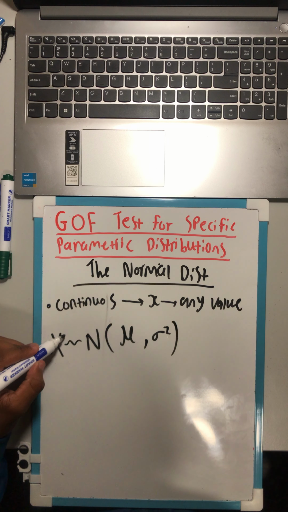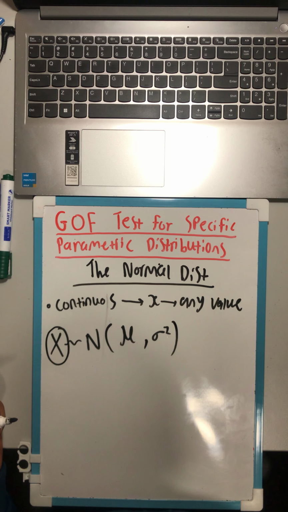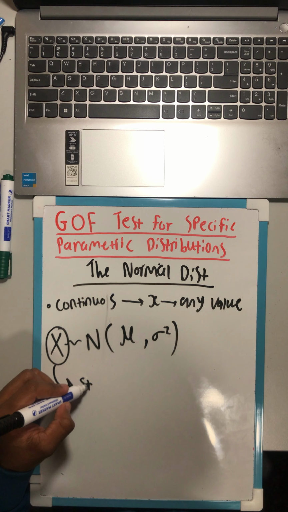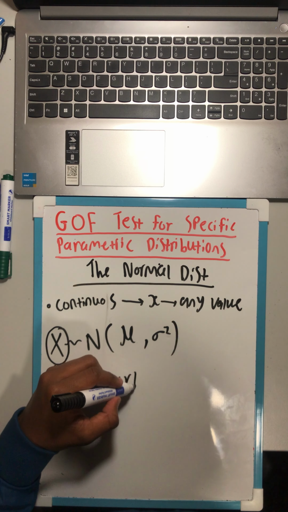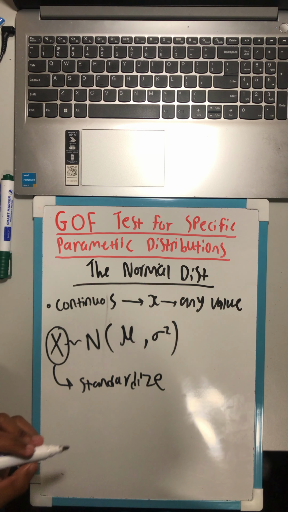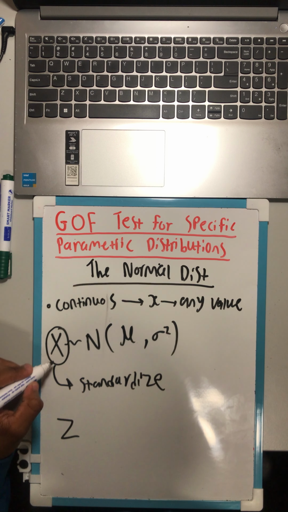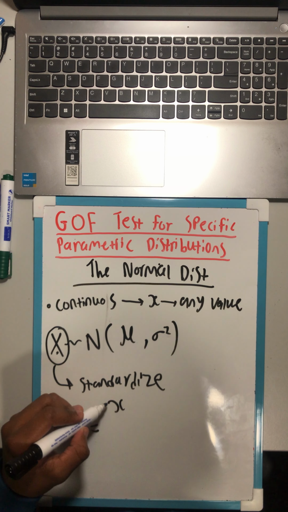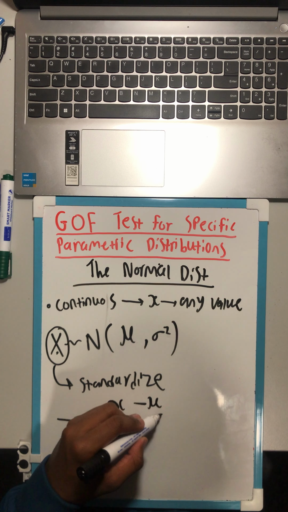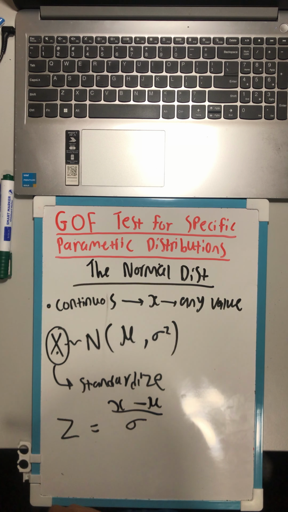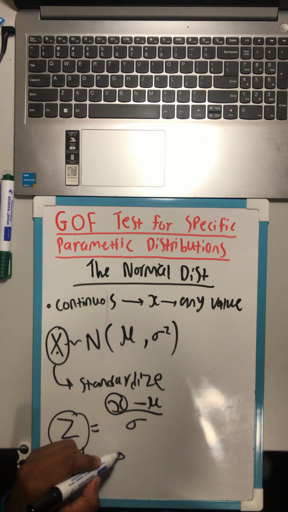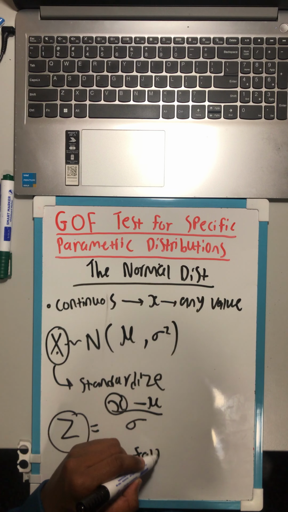To find probabilities of x we need to standardize. We change this random variable x to z. So z is equal to x, our random variable, minus the mean, divided by the standard deviation. This is how we standardize x to be z, and then z we use with tables.